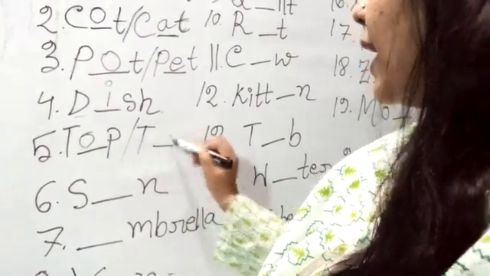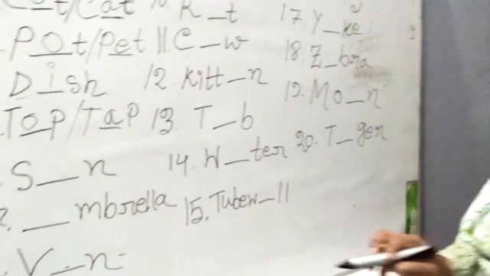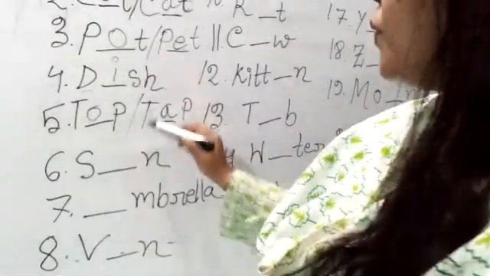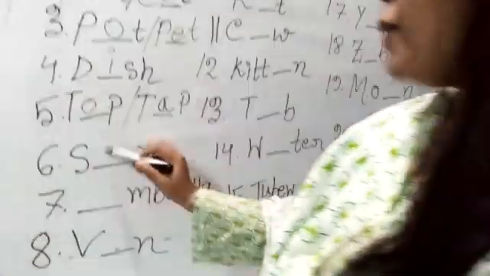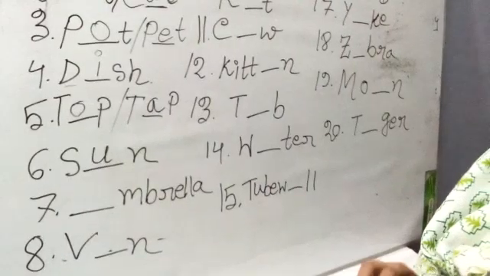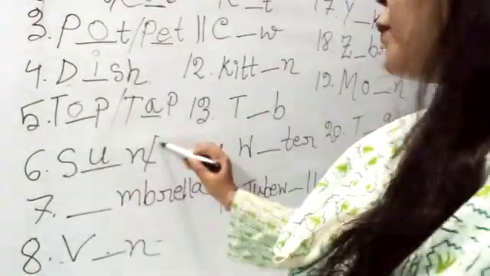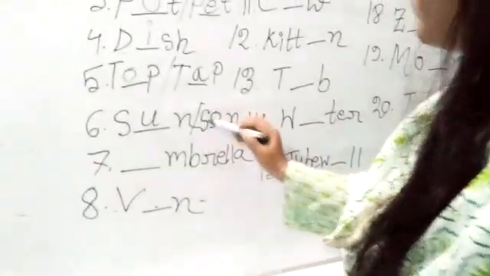If I put A, will it be right? Of course, because it makes a new meaningful word, and that is step. If I put U here, sun, yes, it makes sense. But if I put S dash N, and if I put O here, it becomes son. This son means the male child.